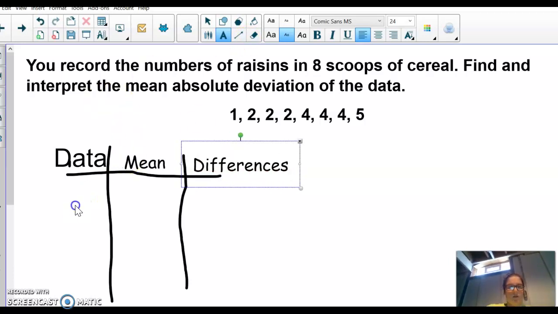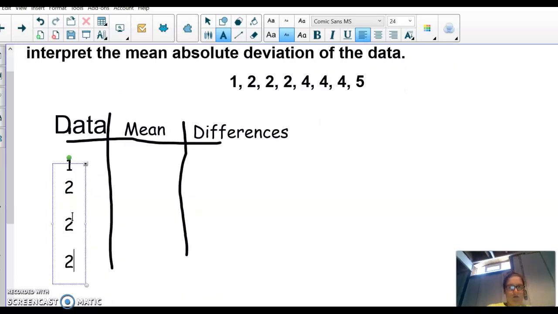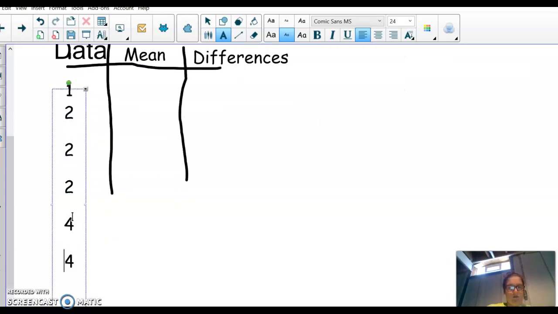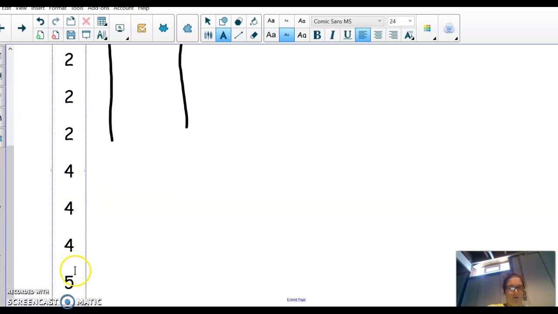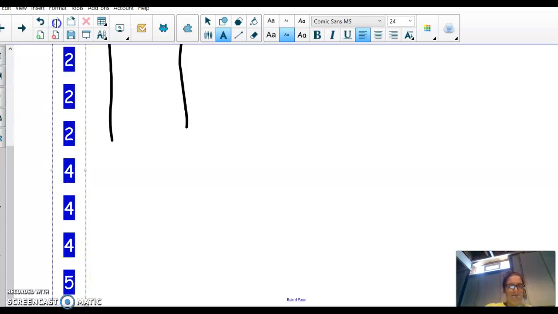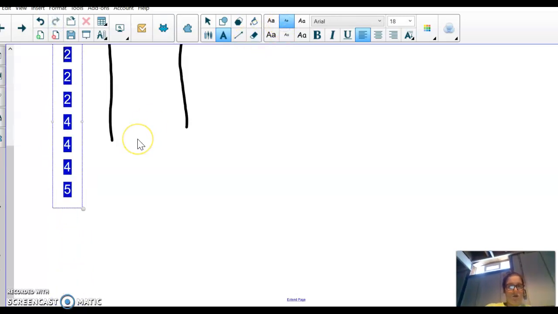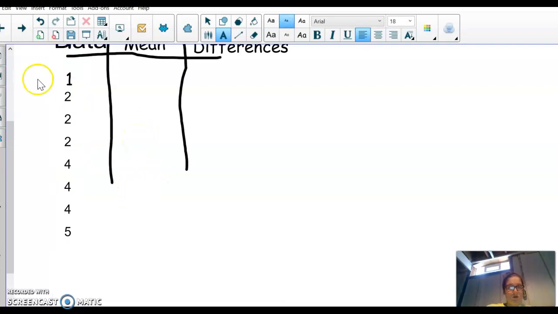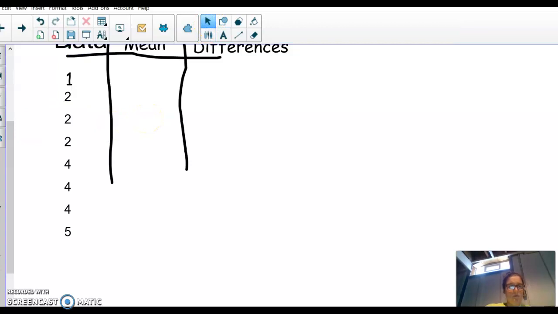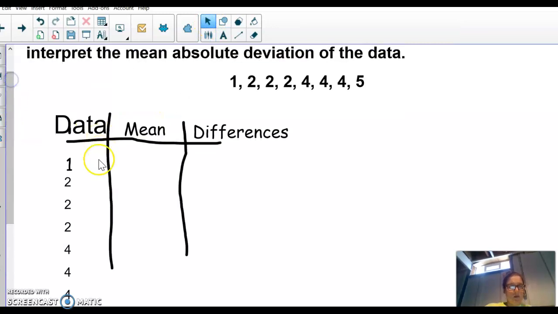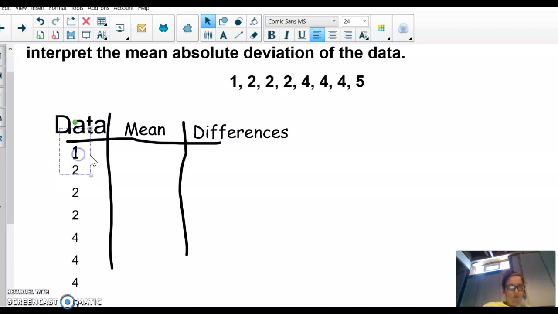Okay, so your data numbers are 1, 2, 2, 2, 4, 4, 4, 5. So you have your numbers listed.